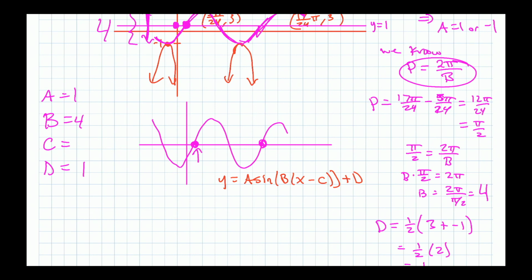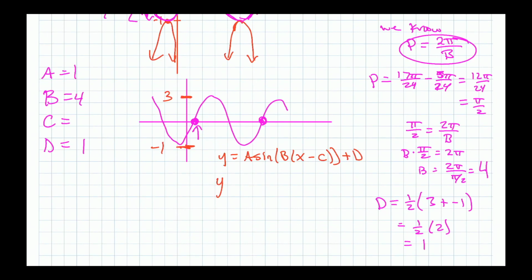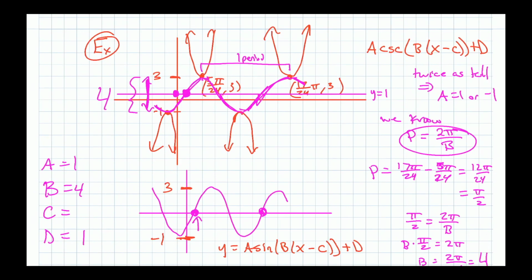Now we know certain things. So I know that the amplitude here is supposed to be like 2 and minus 2, or, let's just use the numbers that we have on the table, so 3 and minus 1. So everything we did for the cosecant we can still use here. So like the amplitude was 1. No, the amplitude was 2. Why did I put a 1 there?